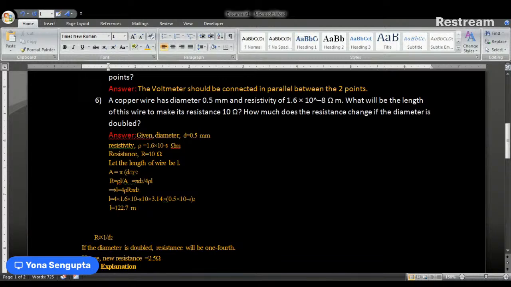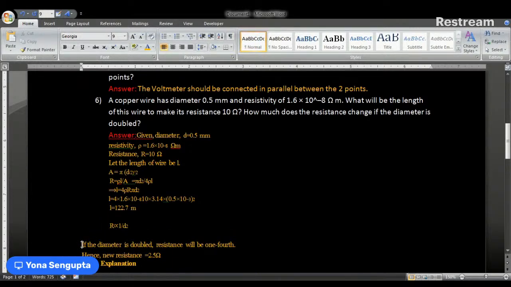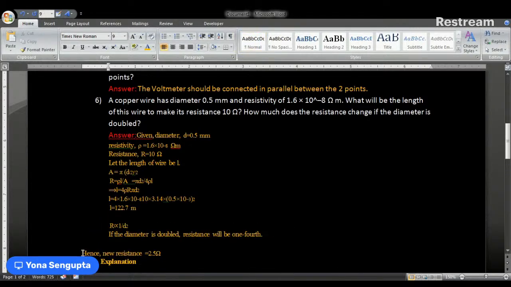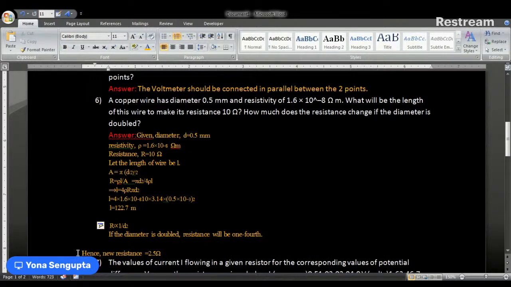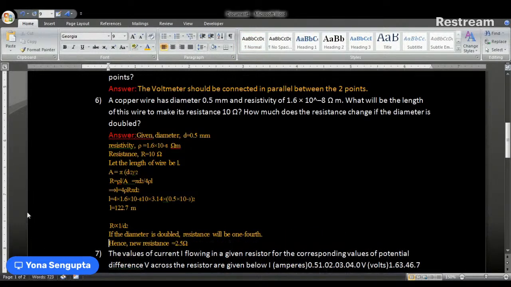So if the diameter is doubled, then the resistance will be 1/4. Hence the new resistance is 2 ohm. Okay, so this is the answer.